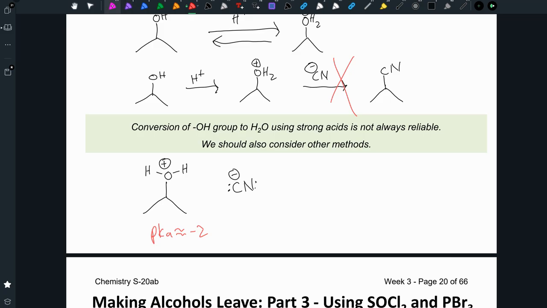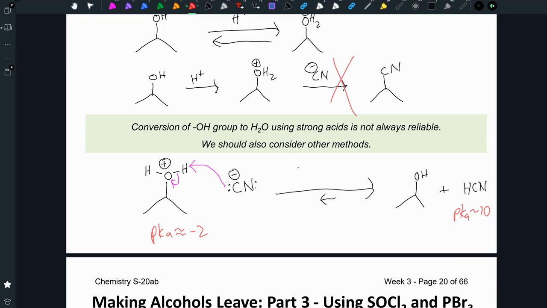So when CN minus comes in, rather than attack the carbon, it is much more likely to just grab a proton, leaving behind my alcohol and then HCN, the pKa of which is about 9 or 10.